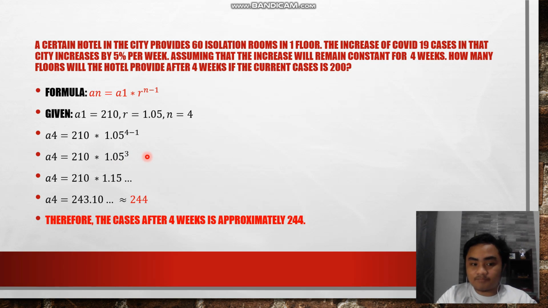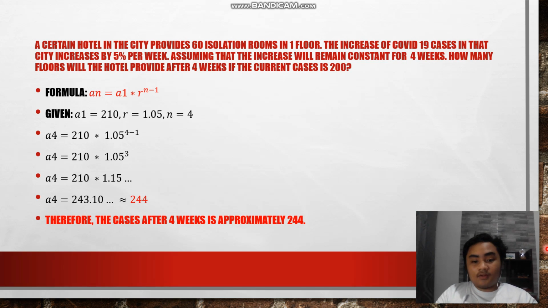Directly multiply it by 210. Now we get A sub 4 is equal to 243.10 point. There are many decimals, so we round it up to 244, since there is no such thing as a fraction of a person. So therefore, the cases after 4 weeks is approximately 244.